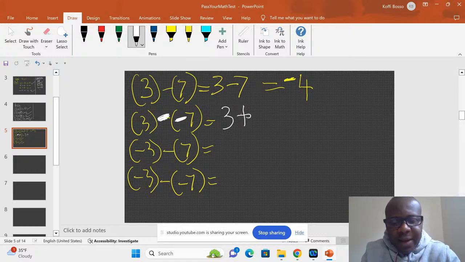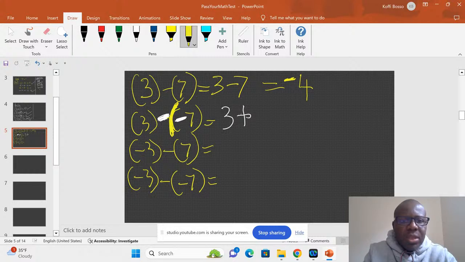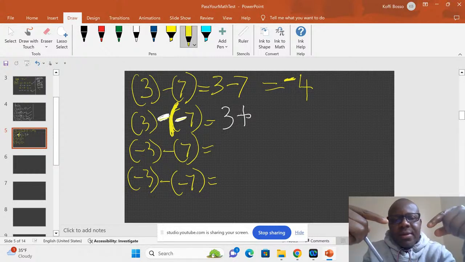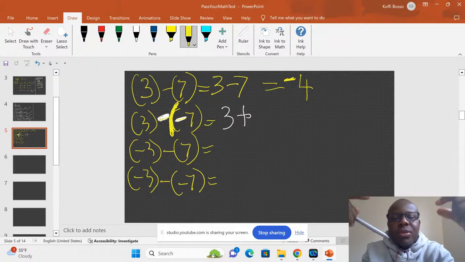Understand that when you have a parenthesis between two signs, that open parenthesis represents a multiplication symbol between the two signs.